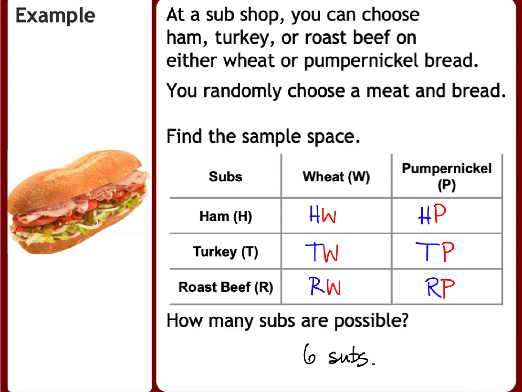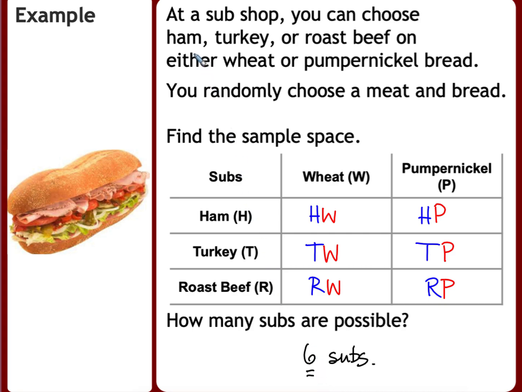Now what I want you to notice is this 6 is in relation to how many possible outcomes there are for each of the events. Notice there's 3 possible meats, 2 possible breads, 3 times 2 is 6.